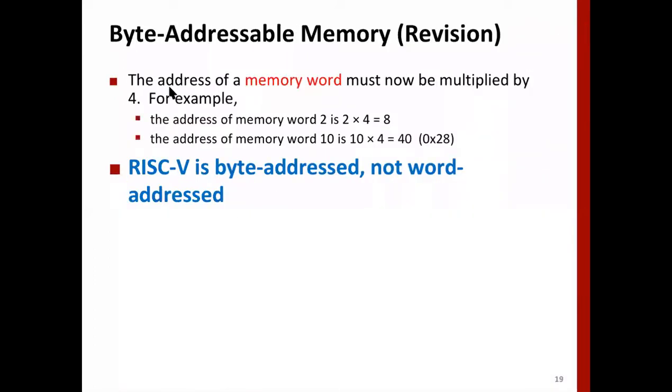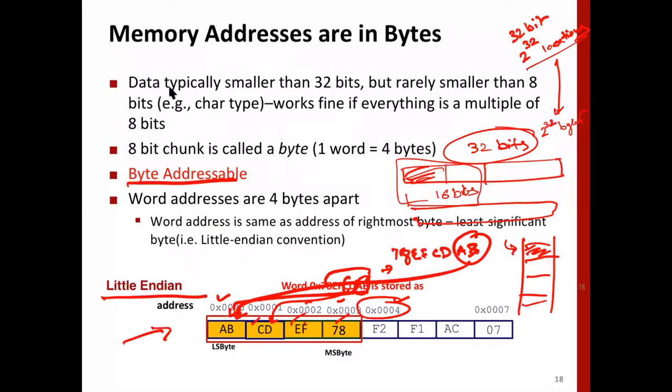Any question up to this point? No, sir. So remember why we are discussing this. If you have to bring a byte from memory, and we bring the first byte, it means we are getting the least significant byte.